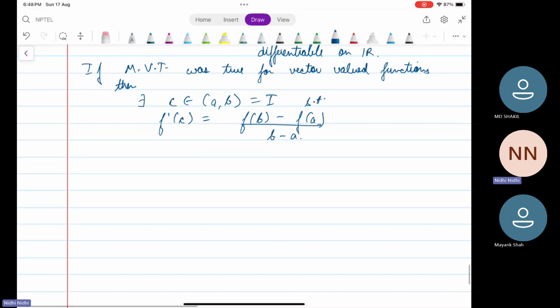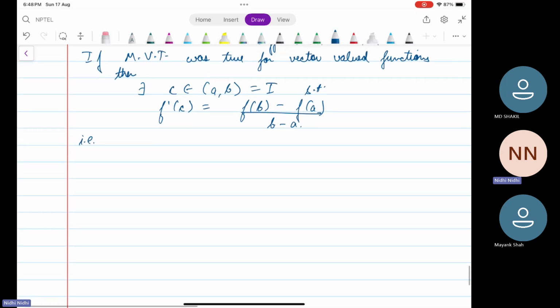Now, we know the way we define derivative of vector valued functions.